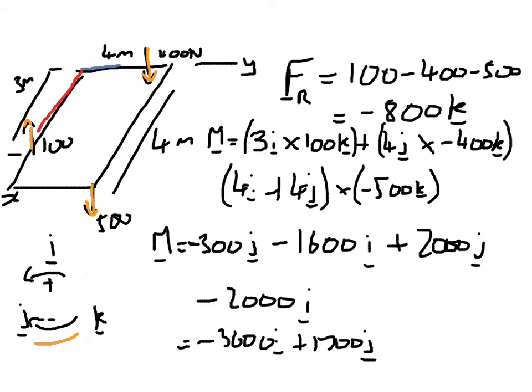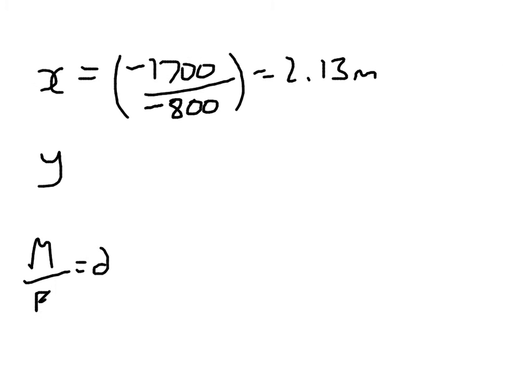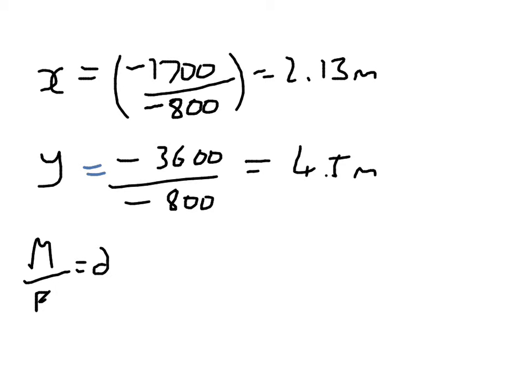Similarly, in the y direction, the y coordinate will be somewhere along here, somewhere in that direction. That's a distance from the x-axis. Our turning effect about the x-axis is minus 3,600. So our turning effect in the x-axis is minus 3,600 over minus 800 our force, which is 4.5 metres.